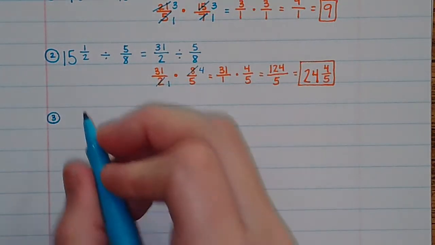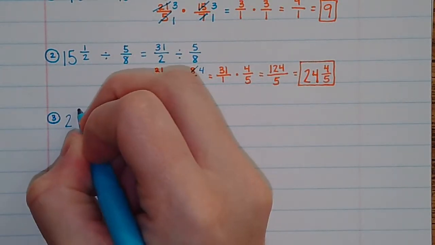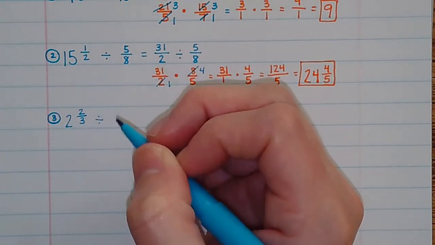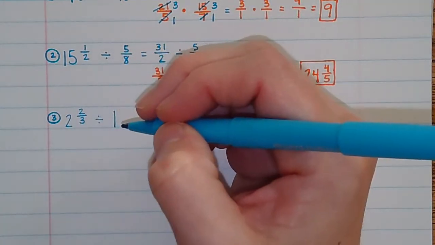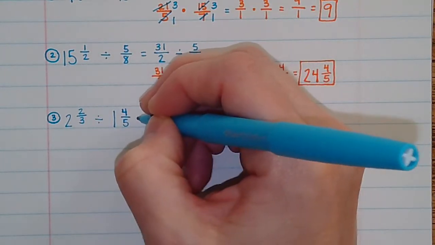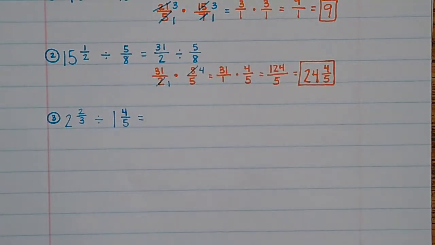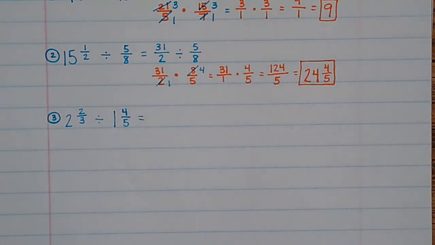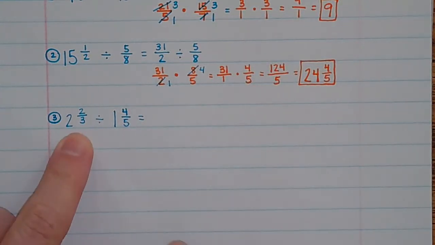All right, we've got 2 2/3 divided by 1 4/5. Well, this one's got a lot going on. Remember, I can't have mixed numbers, so I need to change these. 2 2/3.